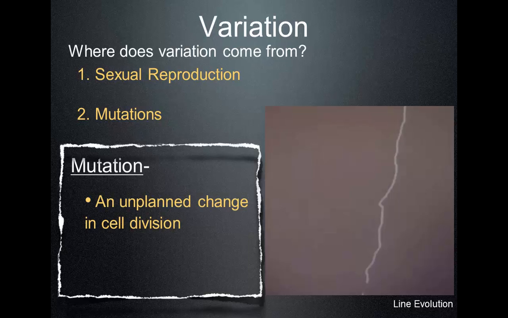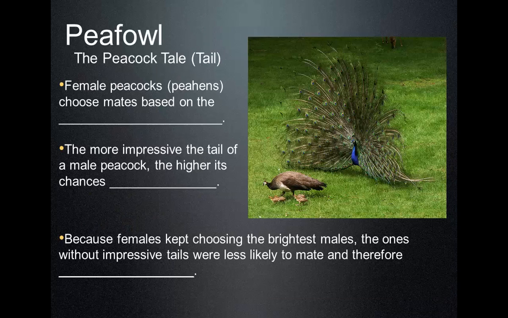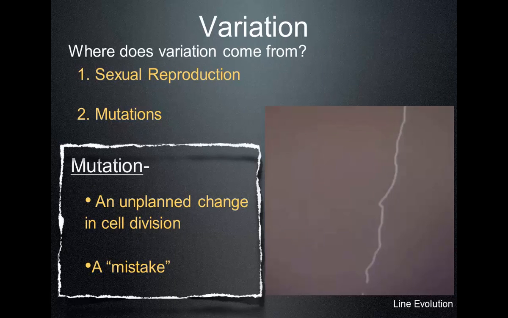When cells are dividing, when cells are reproducing, sometimes a change happens in the DNA, which normally would be copied identically. Sometimes one of the letters in the DNA gets switched. A mistake is made.